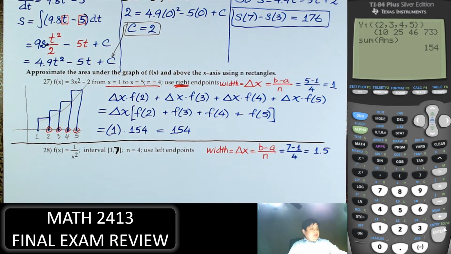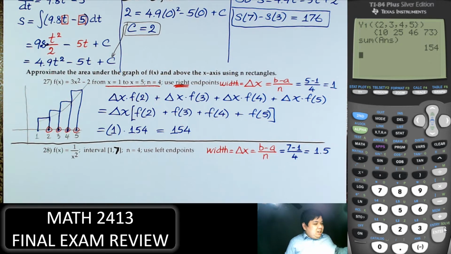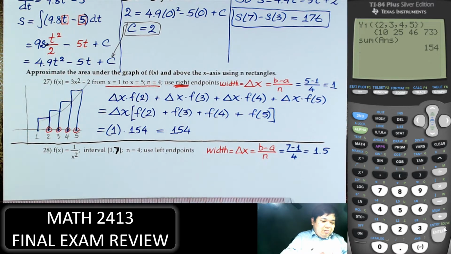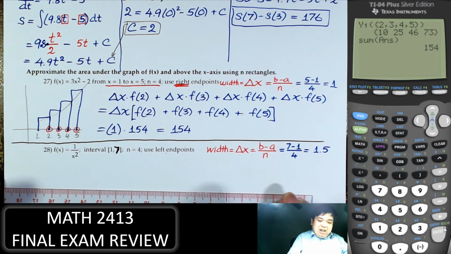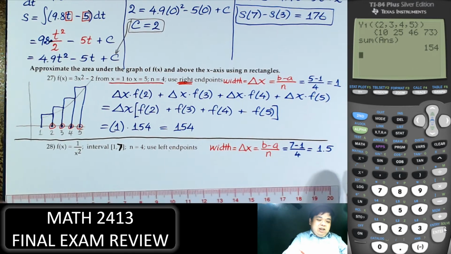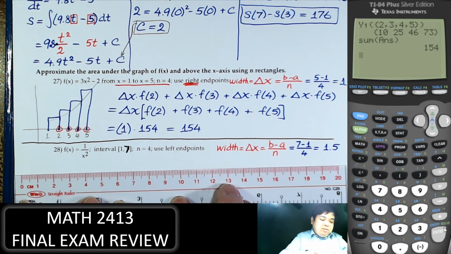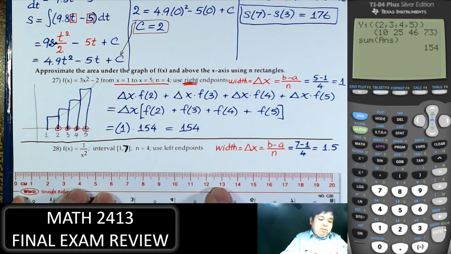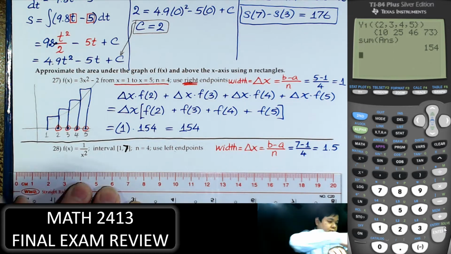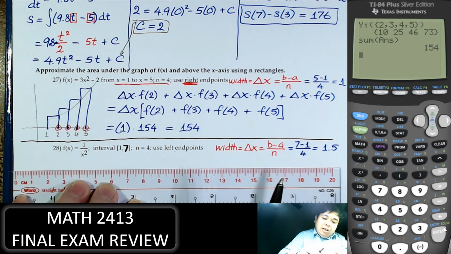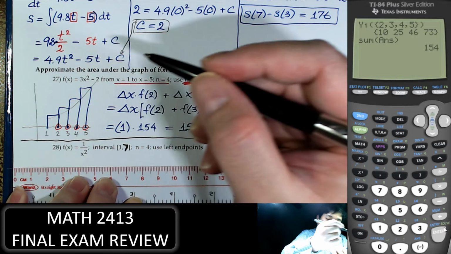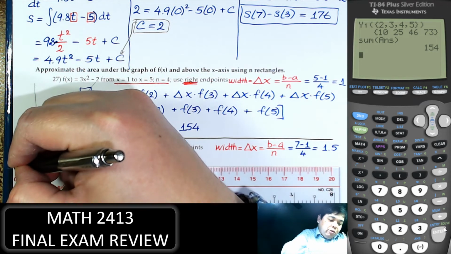Right? So we just draw a line. We don't have to even draw the graph. We just need to draw a line from 1 to 7 and choose 4 points.